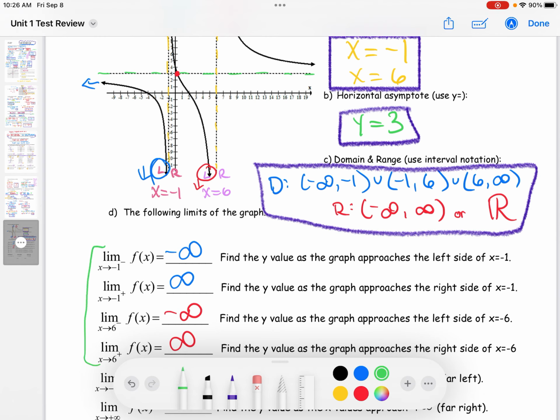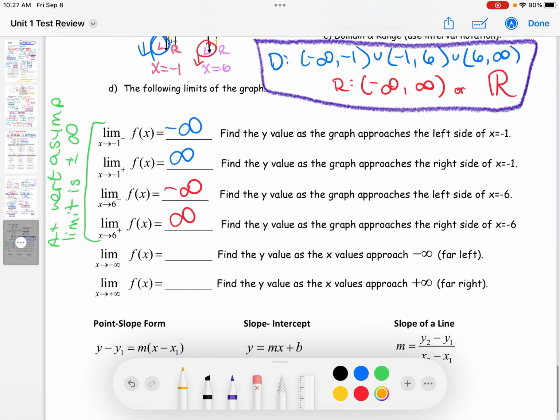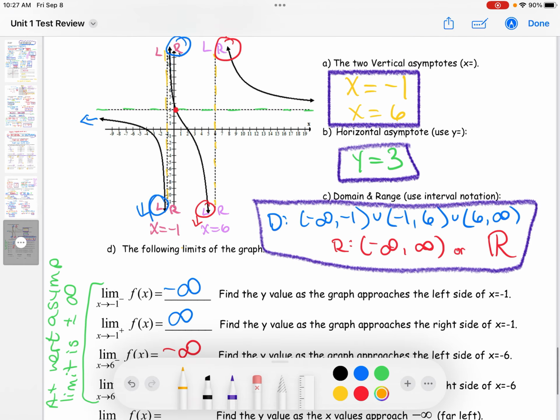Okay. At vertical asymptotes, the limit will always be either plus or minus infinity. Now, let's look at as x approaches negative infinity and positive infinity. Remember, this is the far left edge of the graph.